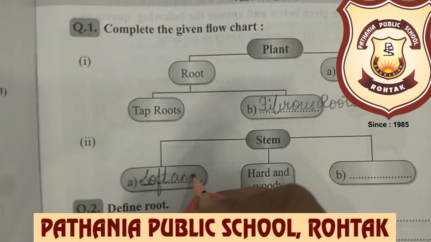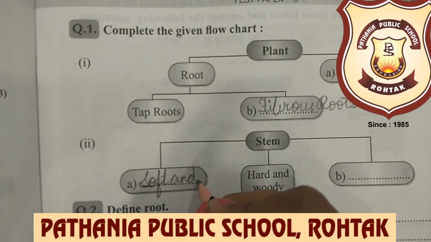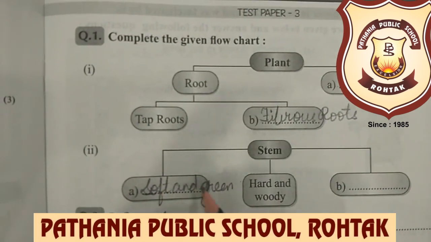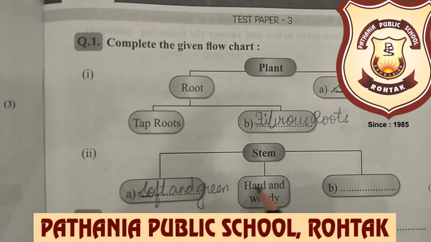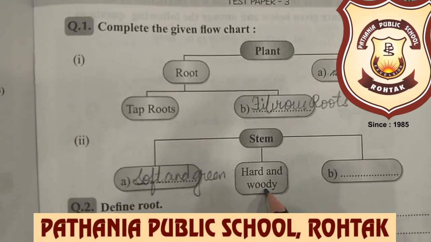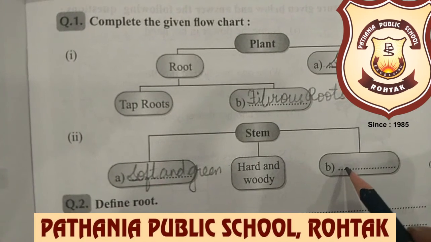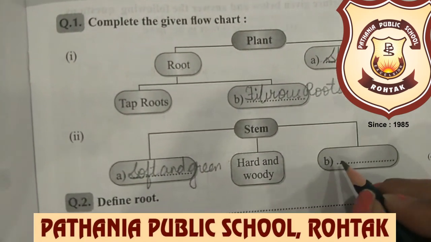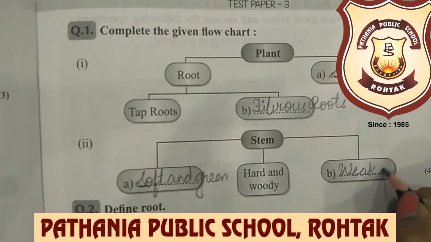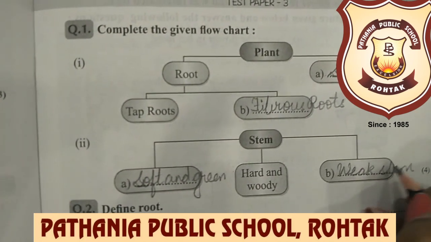So we will write here soft and green. Now soft and green is done and hard and woody is also written. Now what is the next type of stem? Yes, weak stem. So we will write here weak stem.